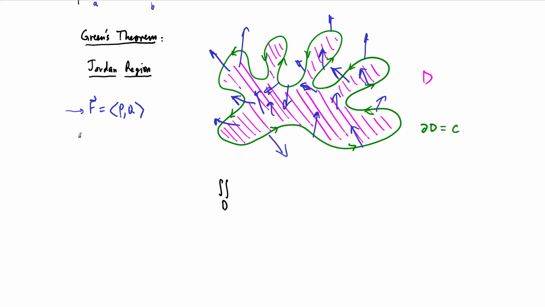If we compute some function little f of x, y by just taking dQ/dx minus dP/dy, this is now a function defined on our region D.